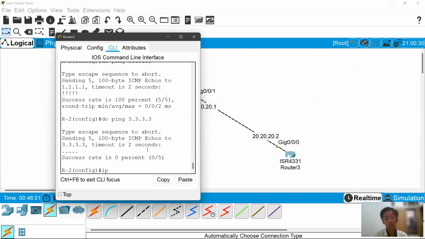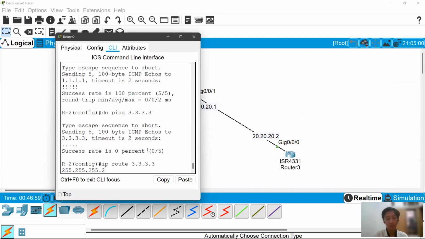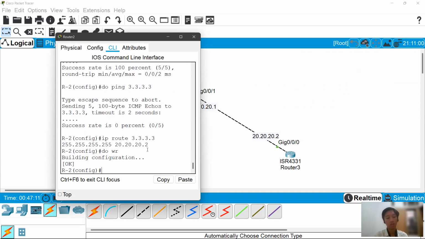Now we put the static IP route to the loopback of router 3. Put the network, put the subnet mask, and put the gateway. The gateway is 20.20.20.2. Okay, do write and do ping.